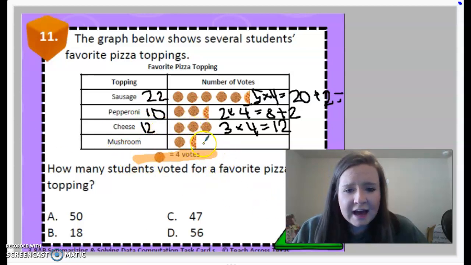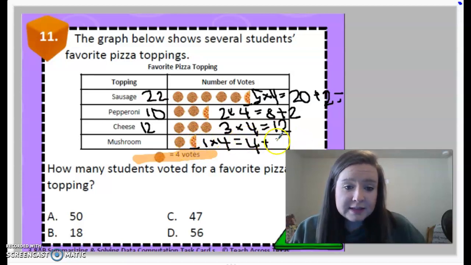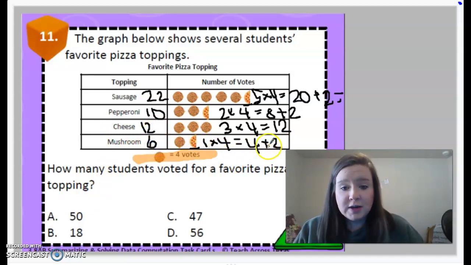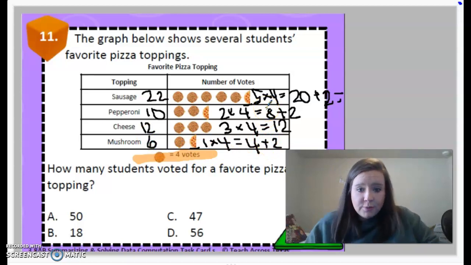Mushrooms have 1 times 4 equals what? Good. 1 times 4 equals 4 plus you need to include your half a vote, or half of your pizza, which is only 2. So 4 plus 2 equals 6. So 6 students like mushroom, okay?